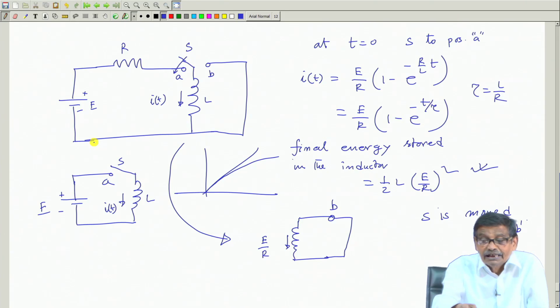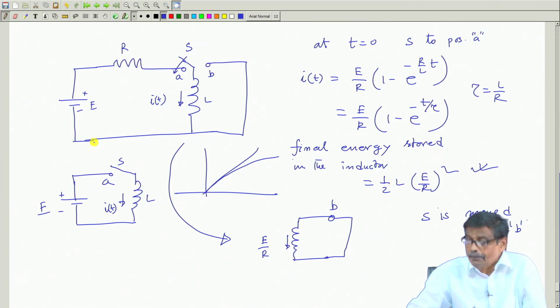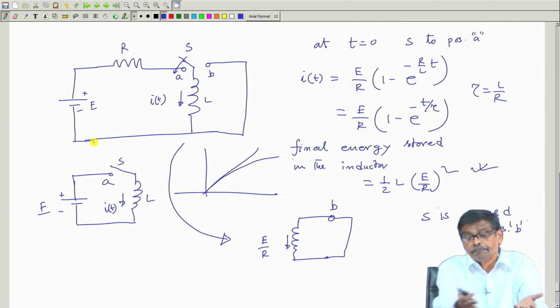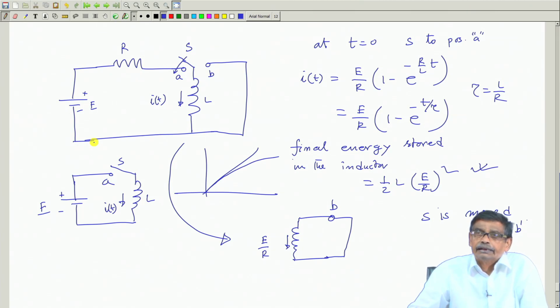That is, the same thing is achieved now with this LR circuit. Inductor does not care how you pumped current into the inductor. It knows that if I am carrying this much current, I am storing this much energy. What is the extra circuitry that you have made to pump current into the inductor, it does not matter. What matters is how much energy it is storing.